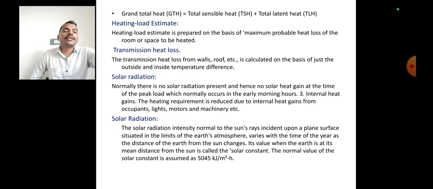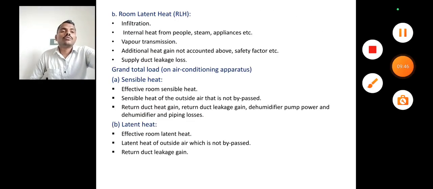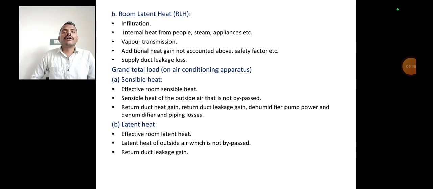Next is the latent heat load. Room latent heat load. Latent heat load means how much moisture is added to the room because of human beings. When they do some activity, they sweat. The sweat is converted to water vapor and added to the room atmosphere, the room's local environment.